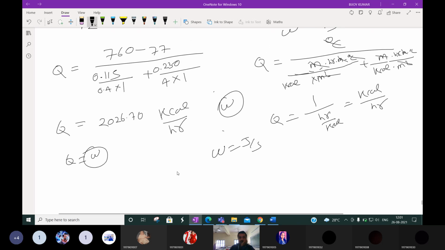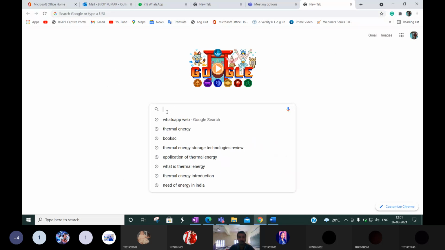So Q is equal to 2026 into 10 to the power 3 calorie per hour. Then this calorie we have to convert to joule, and this hour we have to convert to second.